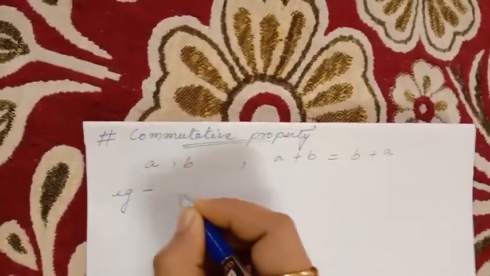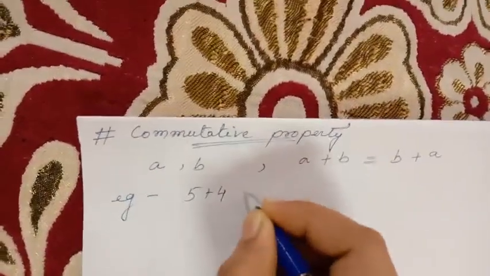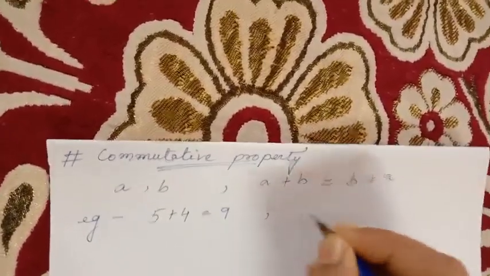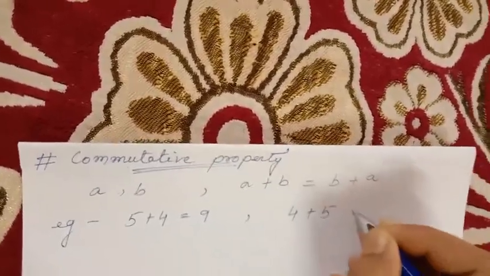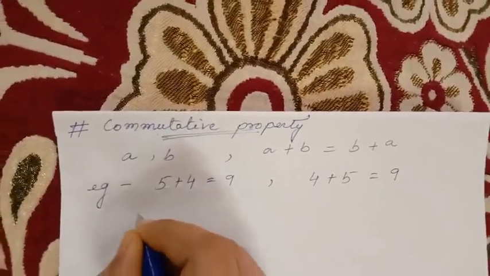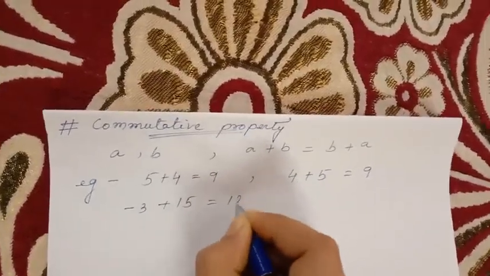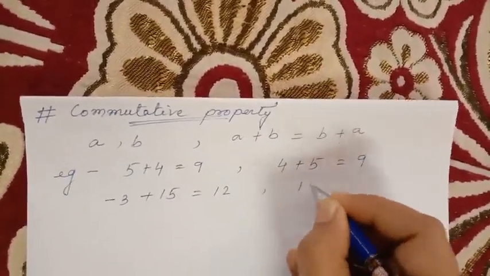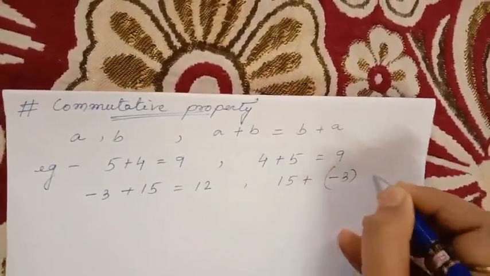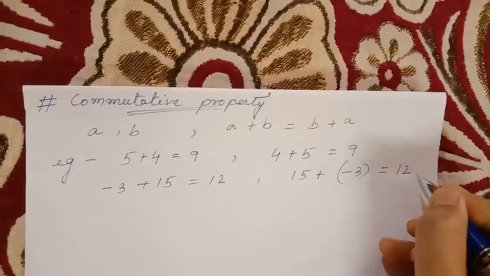For example, 5 plus 4 equals 9, as well as 4 plus 5 also equals 9. Minus 3 plus 15 equals 12, as well as 15 plus minus 3 equals 12. So this is known as the commutative property of addition.